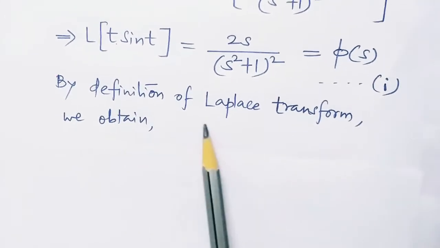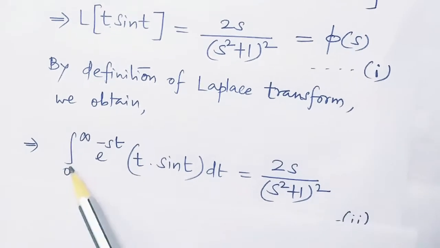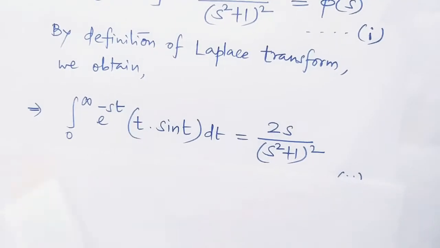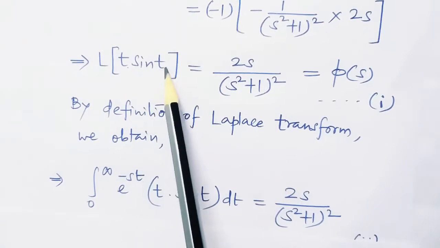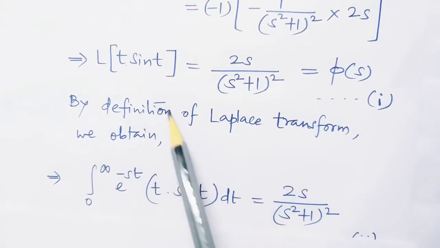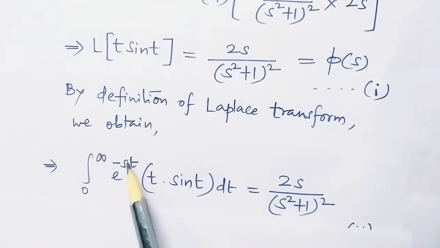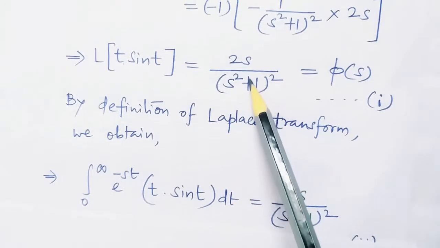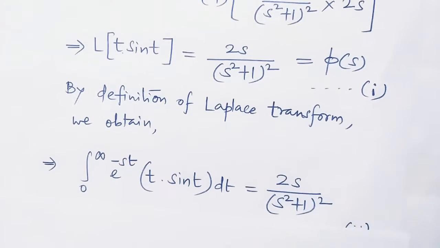By using the definition of Laplace transform, we obtain integration between 0 to infinity e to the power of minus st, and this t sine of t is my f of t. The same t sine of t dt, that is equal to the right hand side 2s divided by s square plus 1 whole square. That will remain as usual.